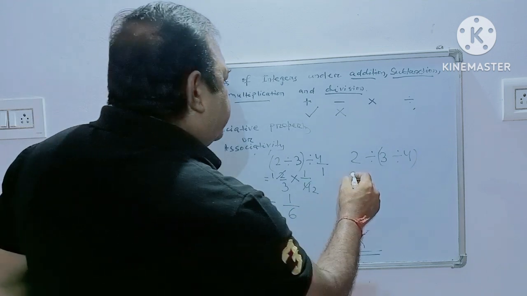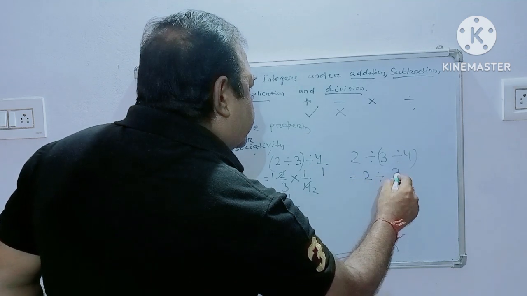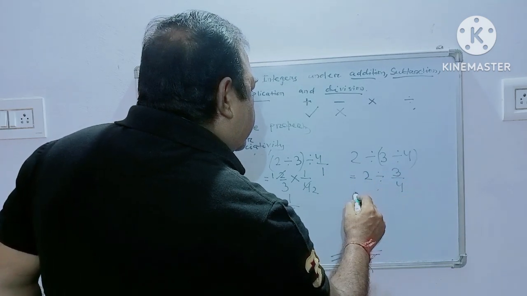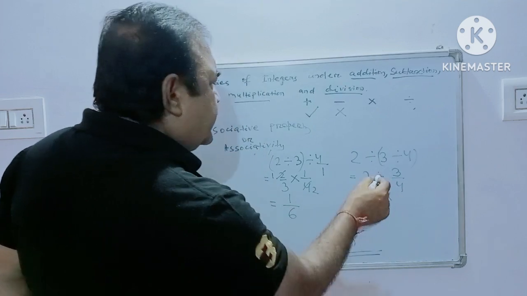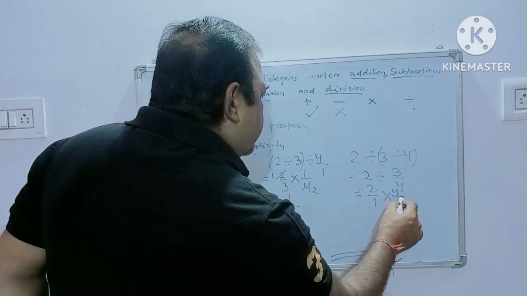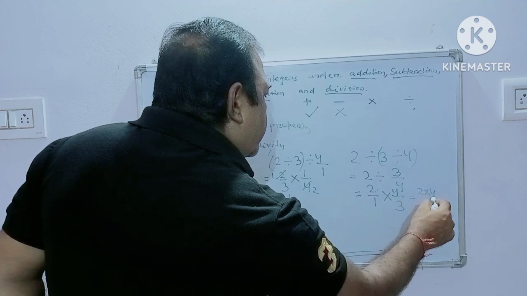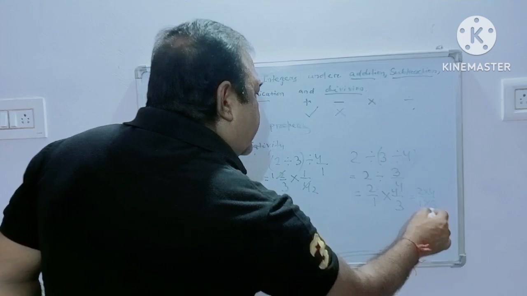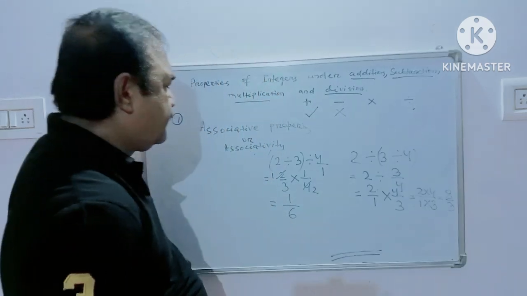Here you can see 2 divided by 3 upon 4. That means 2 by 1 into, when you change the sign, the reciprocal of 3 upon 4, that is 4 upon 3. That is equal to 2 into 4 divided by 1 into 3. That is equal to 8 divided by 3.